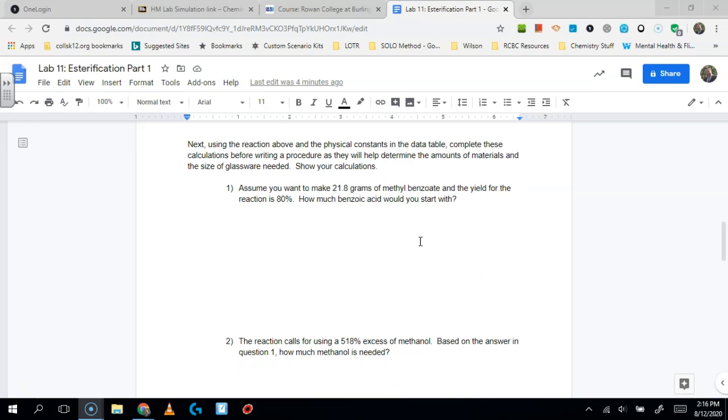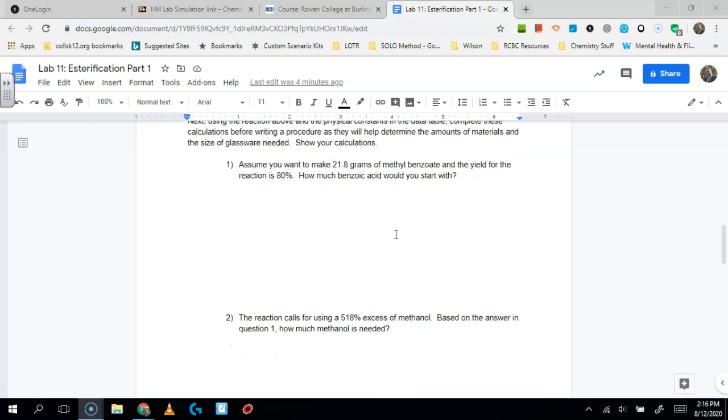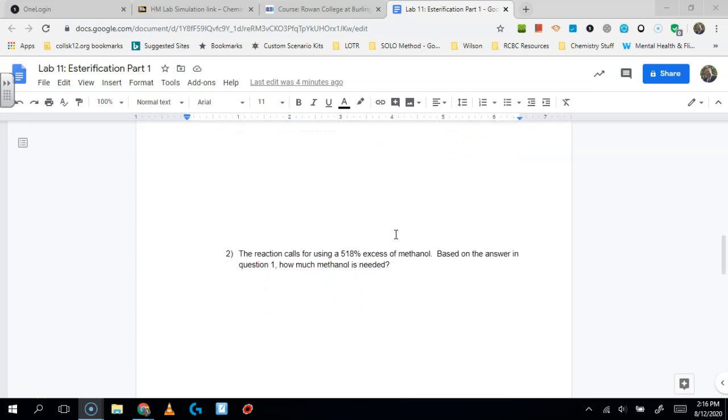The assumption here is that you want to make 21.8 grams of methyl benzoate, and that the reaction is 80% yield. So you have to figure out how much methyl benzoate would be made if it were 100%, convert that to moles, and then convert moles of methyl benzoate to benzoic acid. That's going to get you how much benzoic acid to start with.